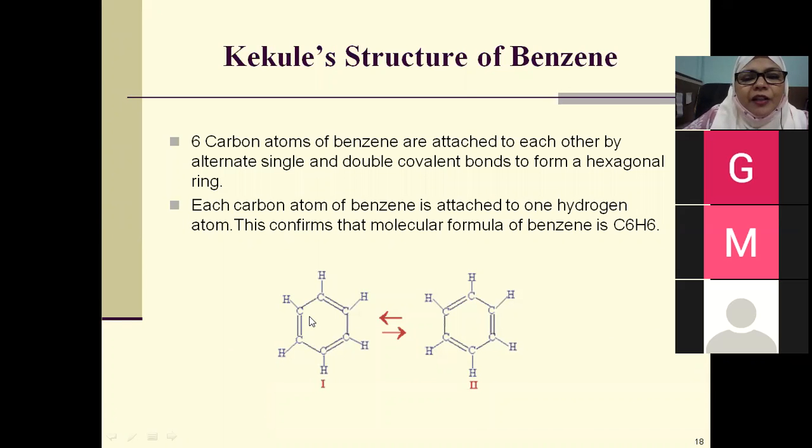Now each carbon atom of benzene is attached to one hydrogen atom, and this confirms that the molecular formula of benzene is C6H6. Each carbon atom is attached to one hydrogen atom, so C6H6. So this is your Kekule's structure of benzene.